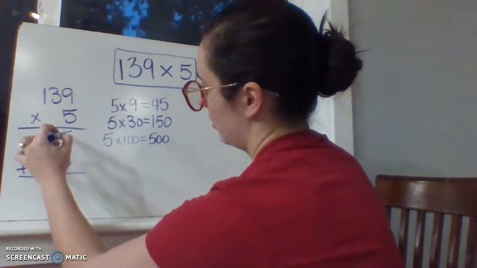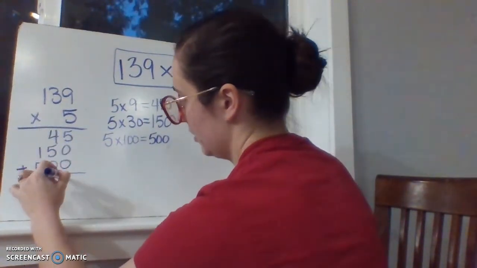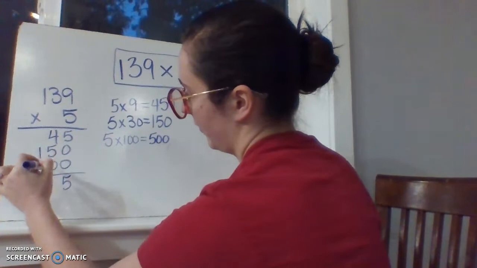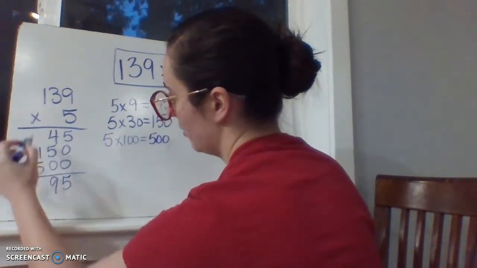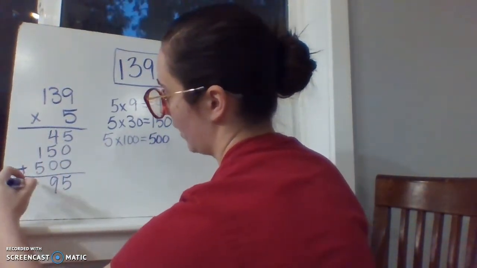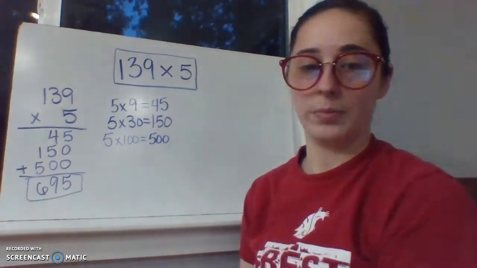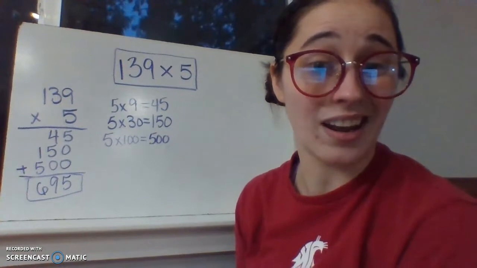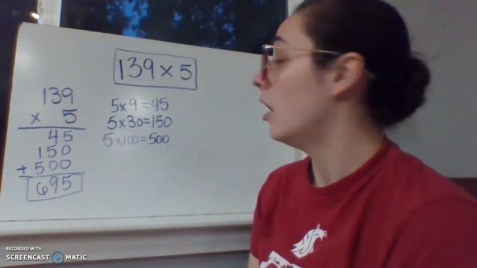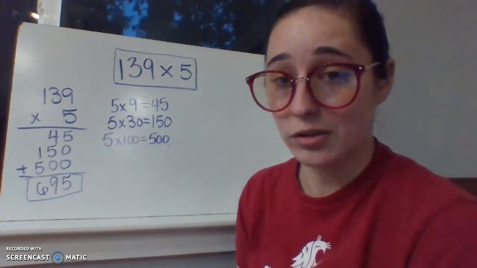Okay? So I've got 5 plus 0 plus 0, 4 plus 5 plus 0 gives me 9, 1 plus 5. So my answer would be 695. All right.